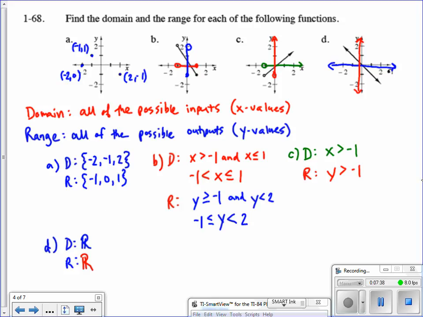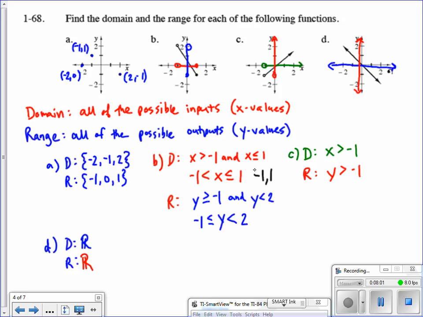Now, if you were writing these in interval notation, I can provide you with those answers. I'll write those out here in black so you can see. This one, we're not really going to be concerned about, but for B, our domain, we'd be looking at -1, comma, 1, our highest and lowest values, remember.